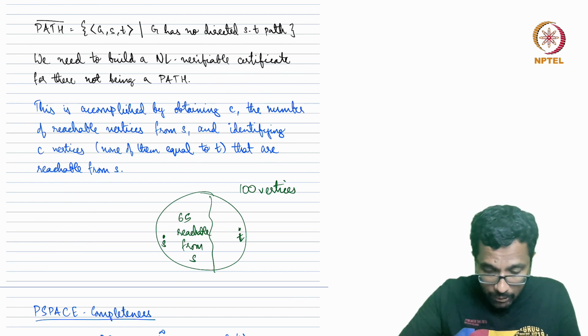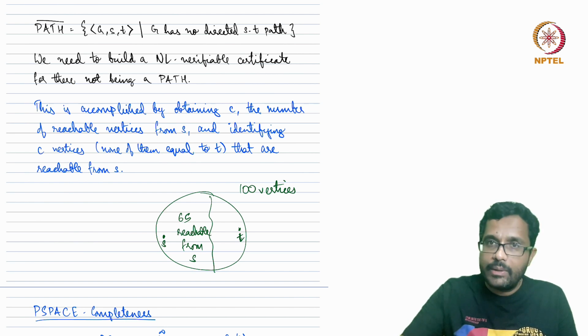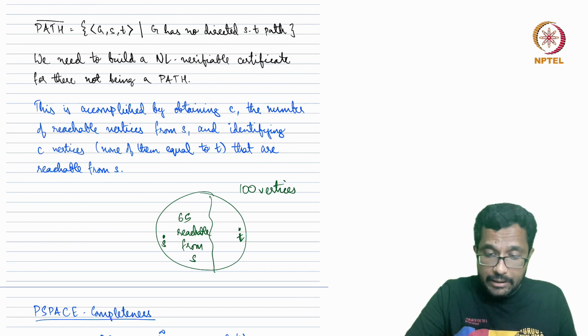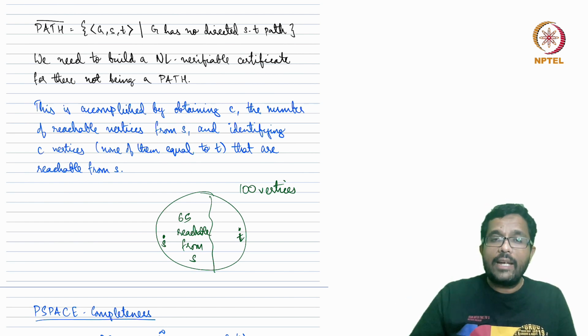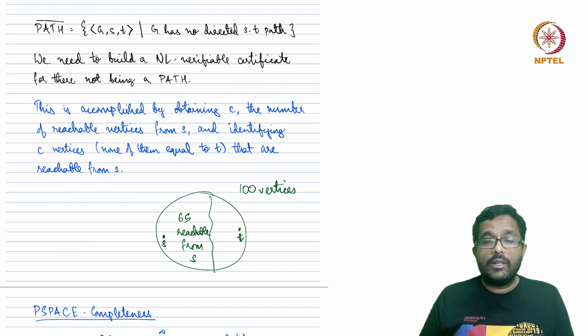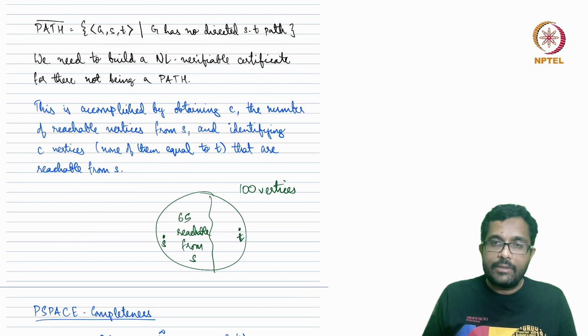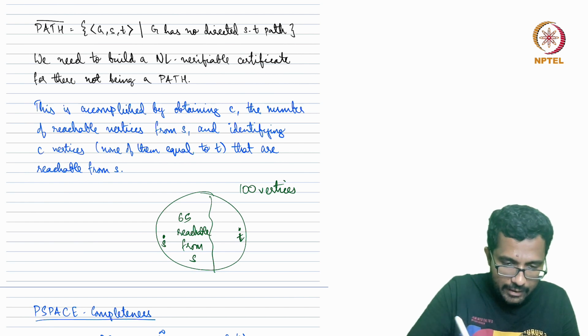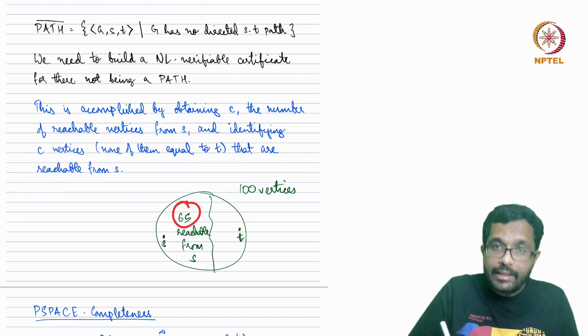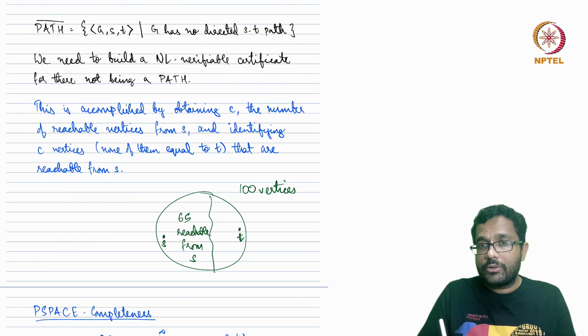So this also involves multiple steps. First we have to determine the number of reachable vertices. That is also not easy, because remember, we only have log space. We have non-determinism, but we only have log space. So determining the number of reachable vertices, or in this example the number 65, is not so straightforward, right?